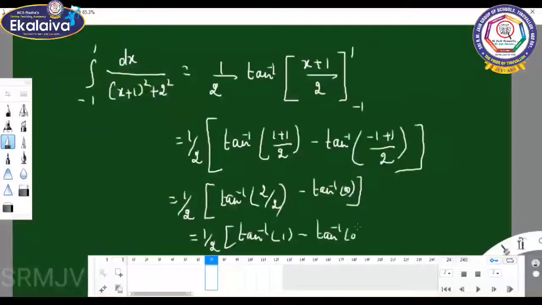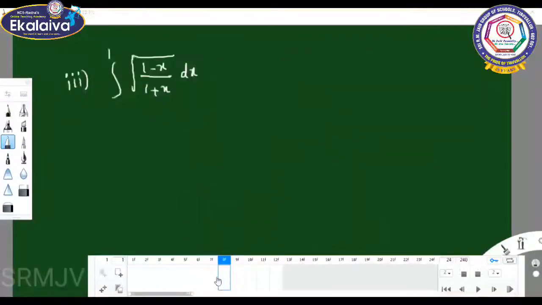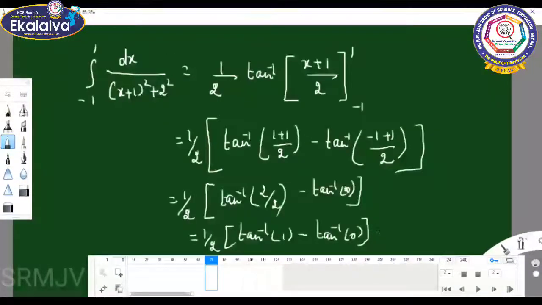So what is the value of tan inverse of 1? It is pi by 4, and tan inverse of 0 is 0. So the answer is pi by 8.